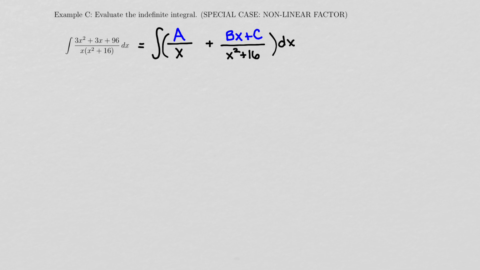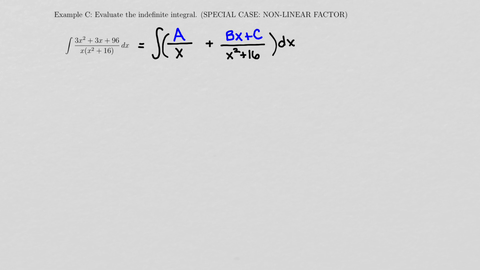But let's make an observation. Why did I put bx plus c on the second one? Because my denominator was what degree? Squared. 2, right? Degree 2. So what happens is the dummy variables on top have to be 1 degree less, okay? So if you just have an x on the bottom, then you just put a constant on top.